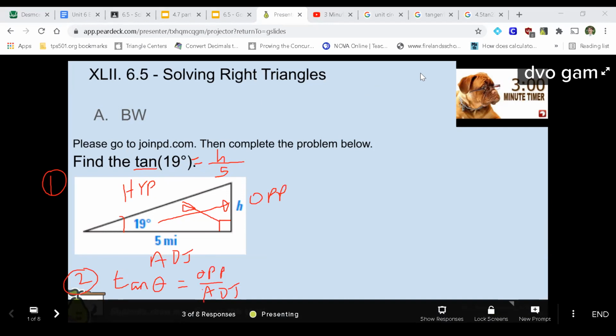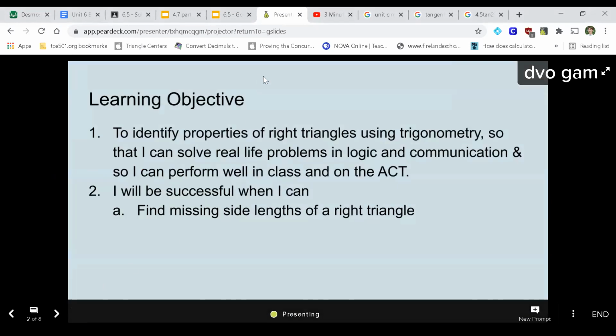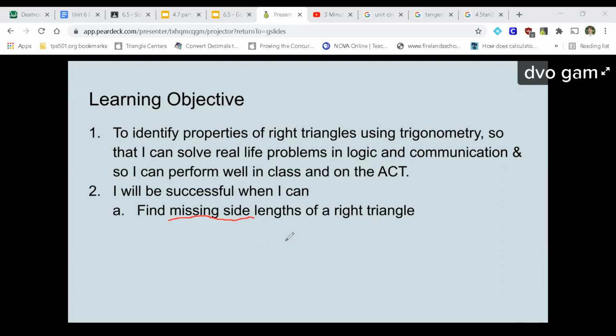Okay, well, let's go ahead and do that then. So today, what we're going to do is start solving our trig formulas so that we can find the missing sides of a right triangle.